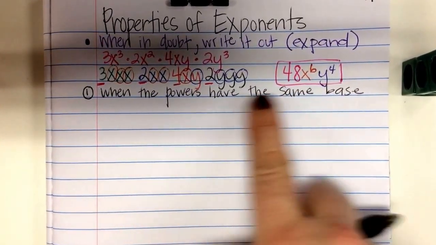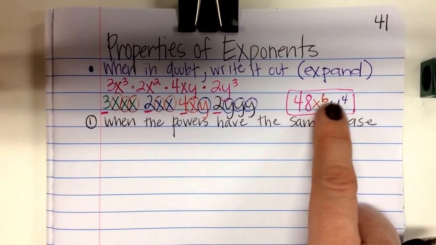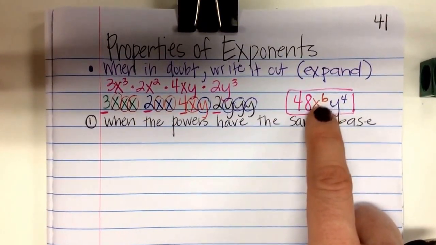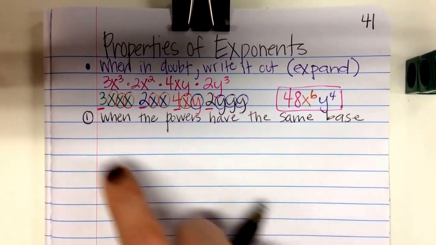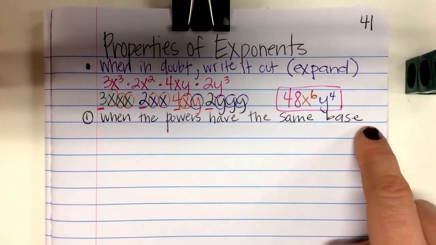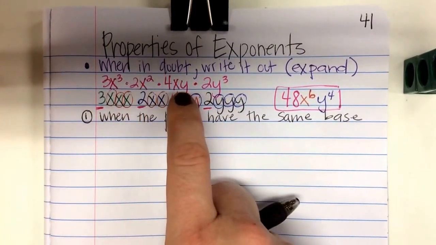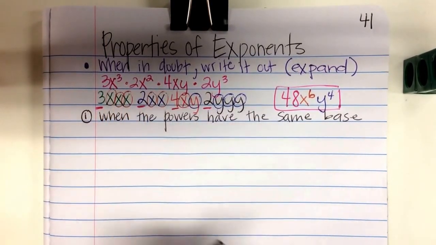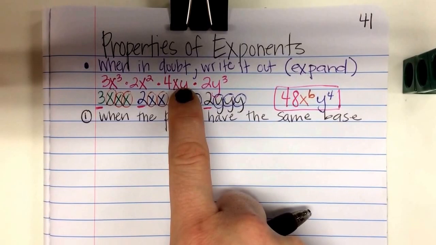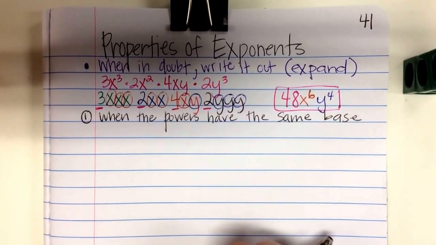When powers have the same base, what can you do to the exponents? What's a shortcut? How do we get 6 over here? What do we do? When powers have the same base, so x to the third, x squared, and x, those three have the same base, or y and y to the third, those have the same base.